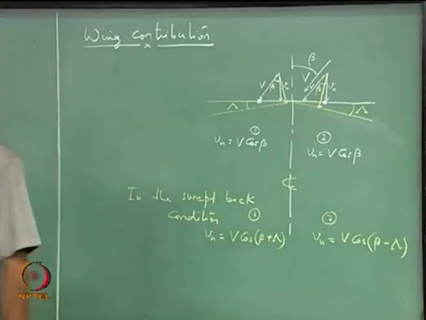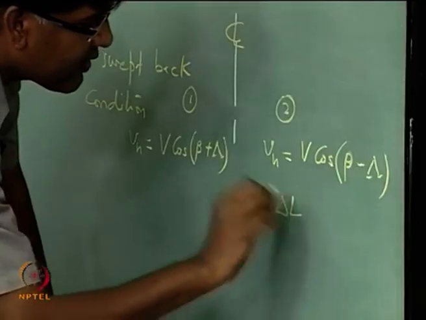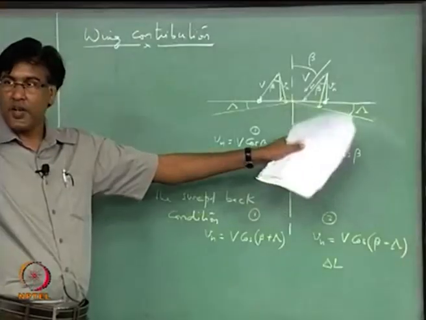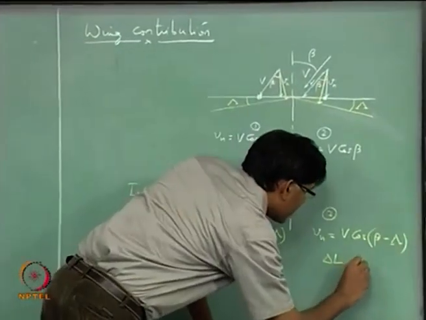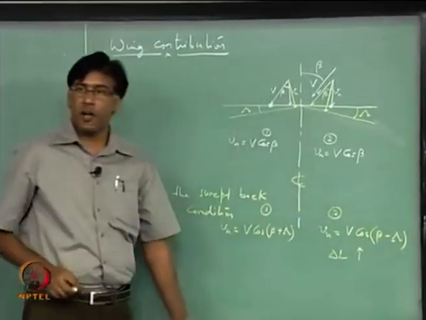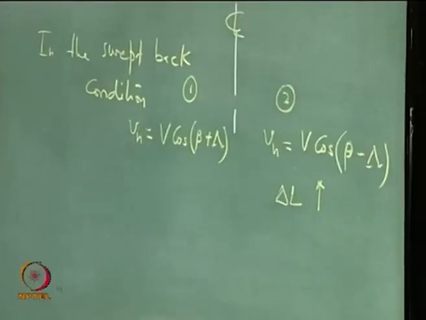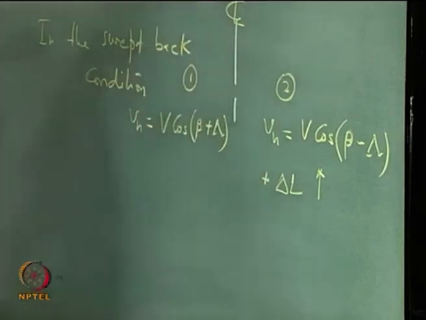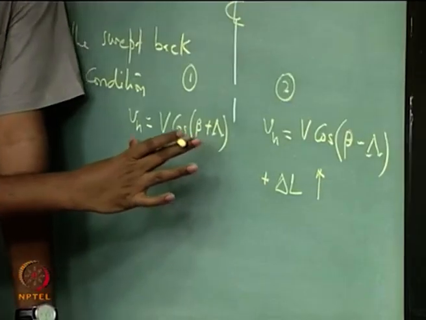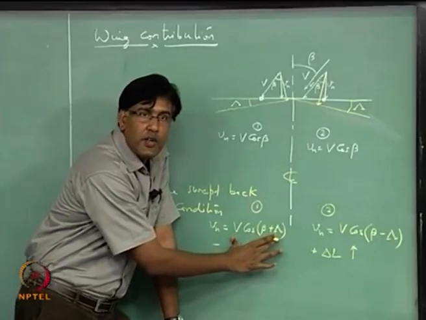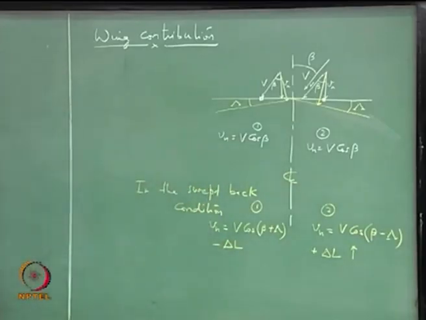will be higher, right. So, the delta L that we see on this part, because of the side slip and the wing sweep, is upward, or a positive delta L. On this side, because this is smaller, you will see a negative delta L, right.